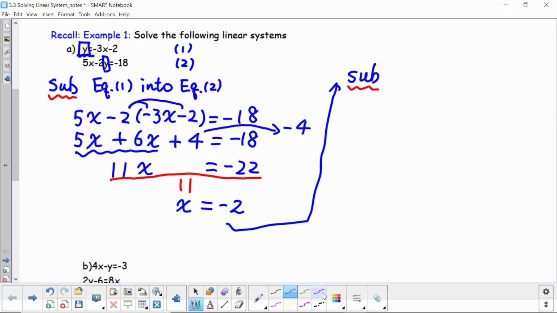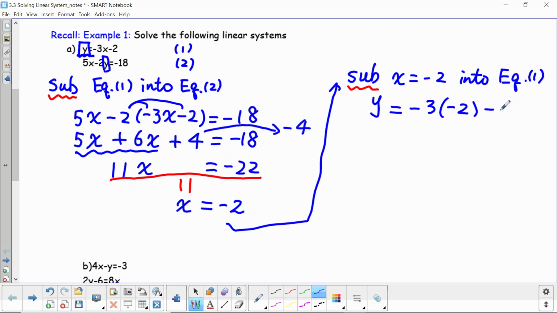The other step is, once you have solved one variable, to find the other variable by substituting x equals negative 2 into the isolated equation. Substitute x equals negative 2 into equation 1, because y is isolated there. So replace x with negative 2. This is called substitution.